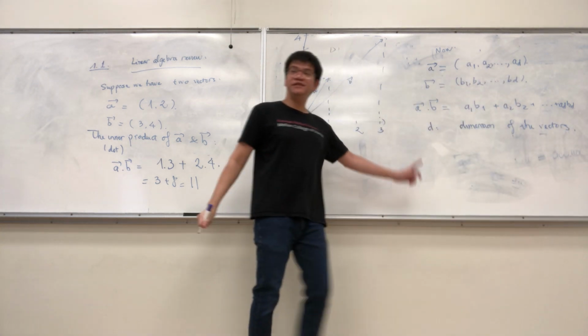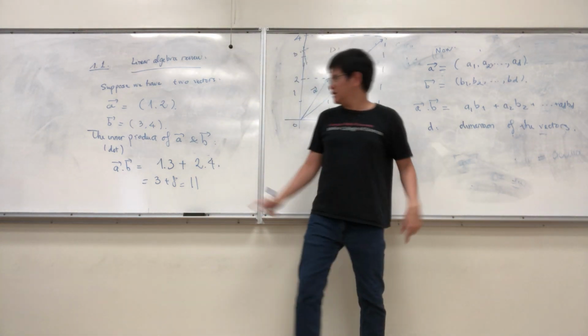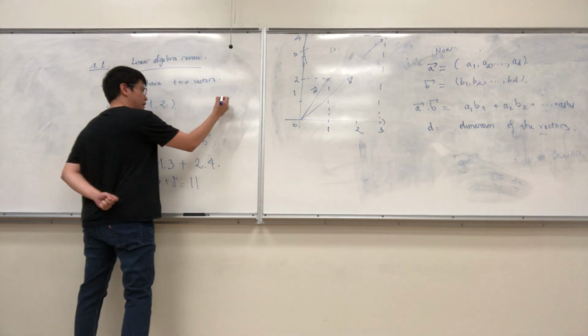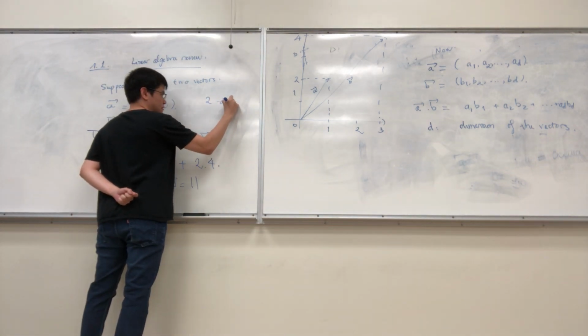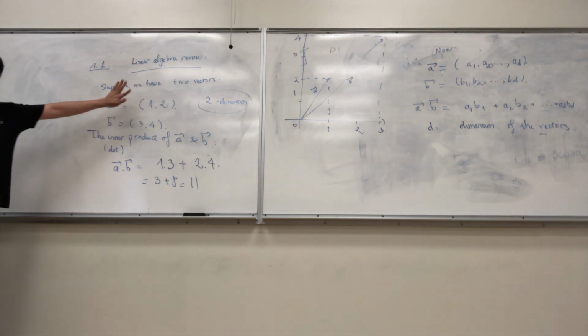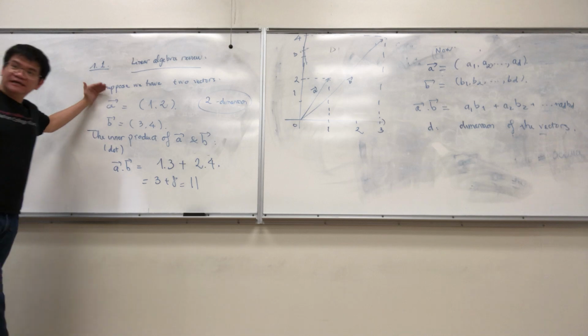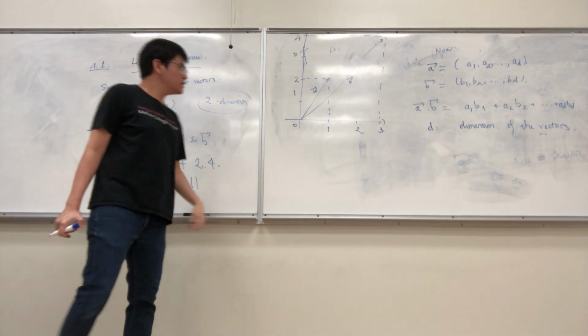All right. So this D will be the dimension of the vectors. In this case, we are in 2 dimensions. If A has 2 coordinates, 1 and 2, and B has 2 coordinates, 3 and 4, then this vector is in 2 dimensions.